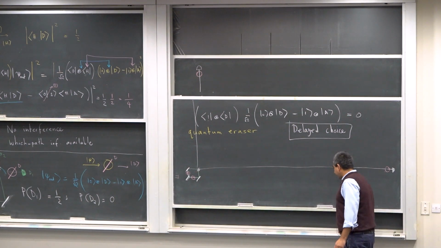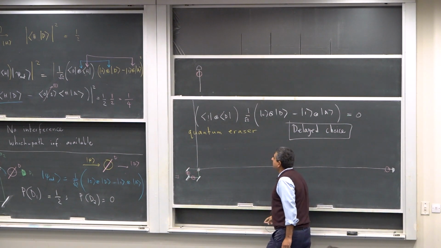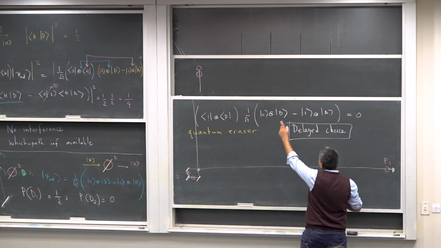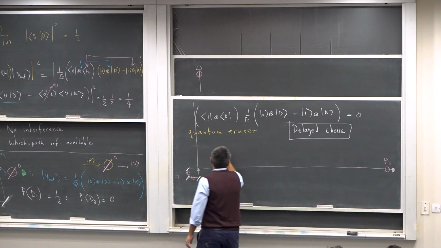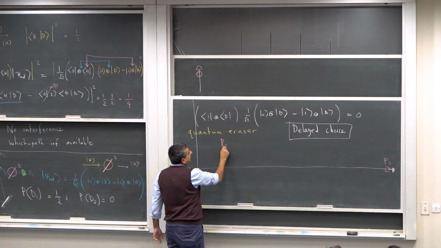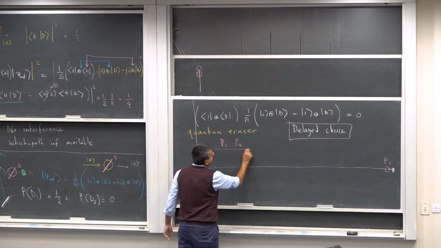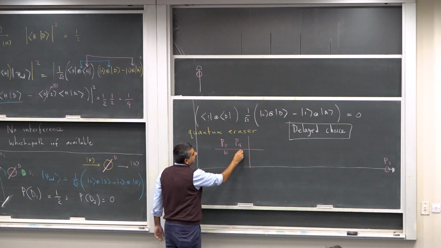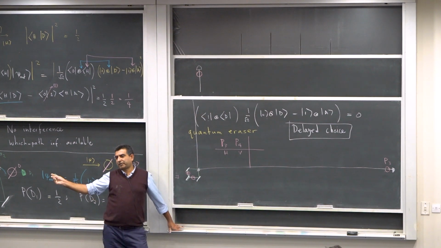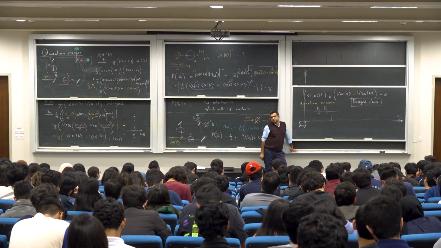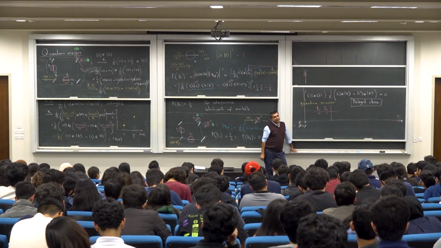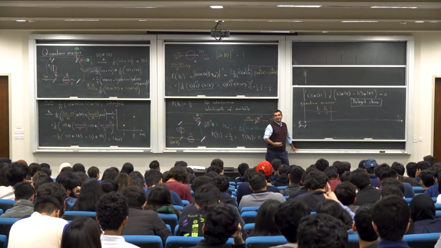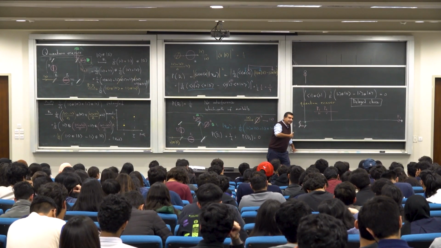Now let's call this polarizer P3 and the polarizer at the top P4. If P3 and P4 were both horizontal and vertical, no interference would take place. Which path information is available to us? Which path information can only come from inside the interferometer, because the path is only inside the interferometer.